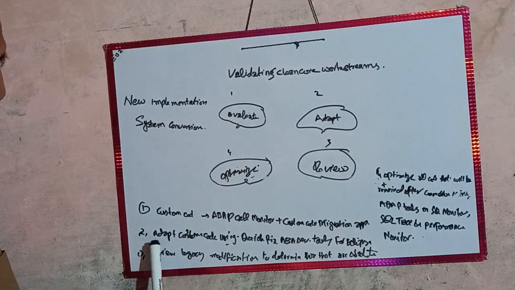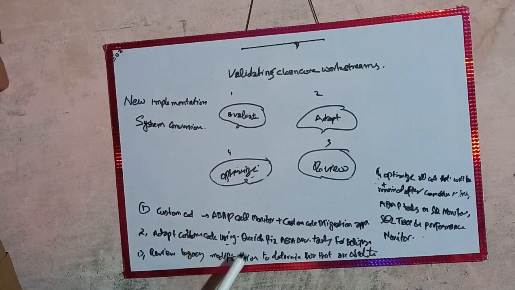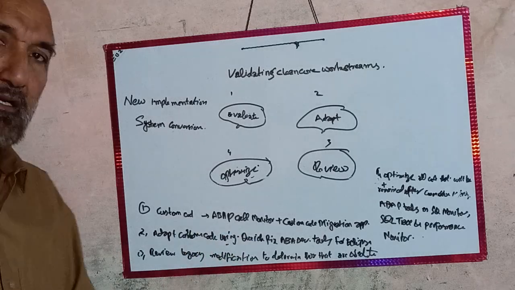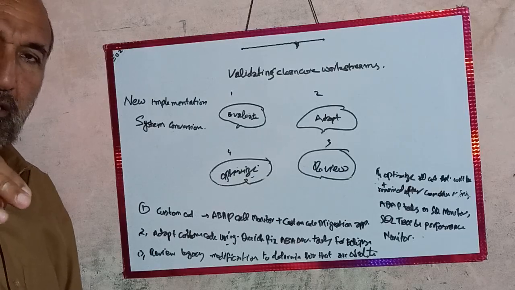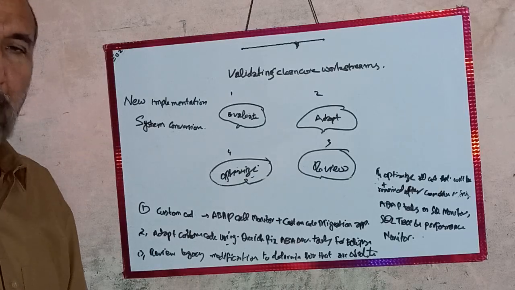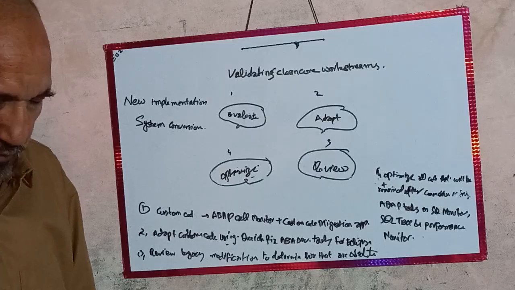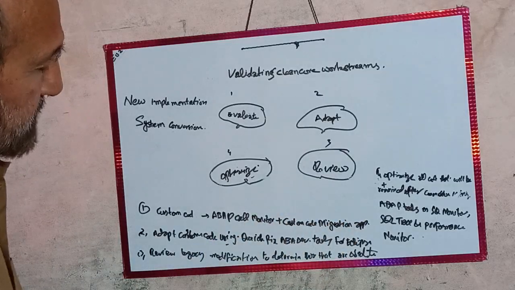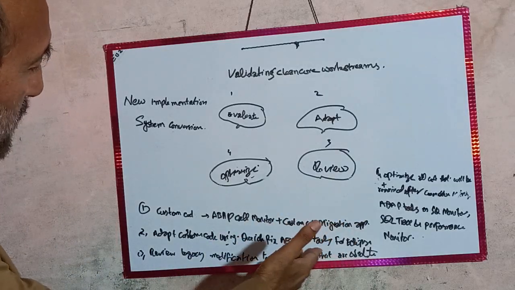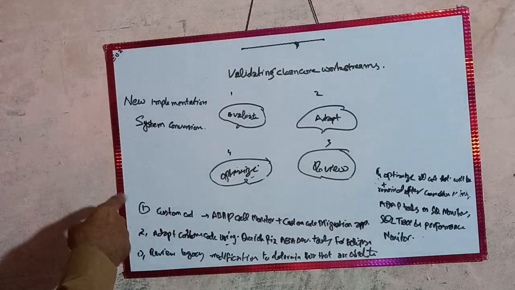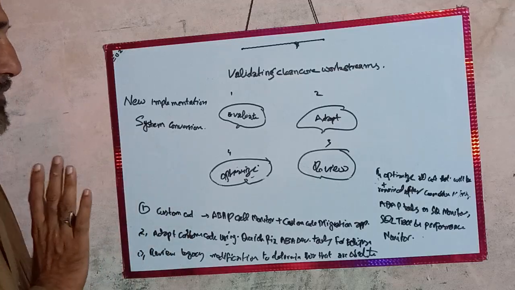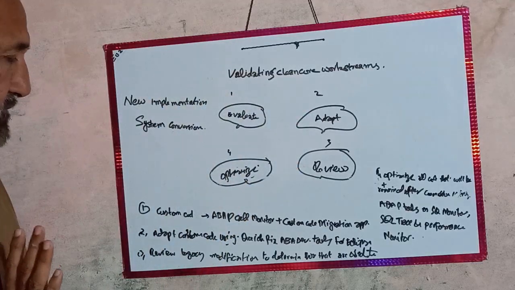And for the second one, adopt custom code, we are using quick fix, which is found in Eclipse, the ABAP Development Tools. The Eclipse tool provides the quick fix tool for adopting custom code. This was the second workstream.